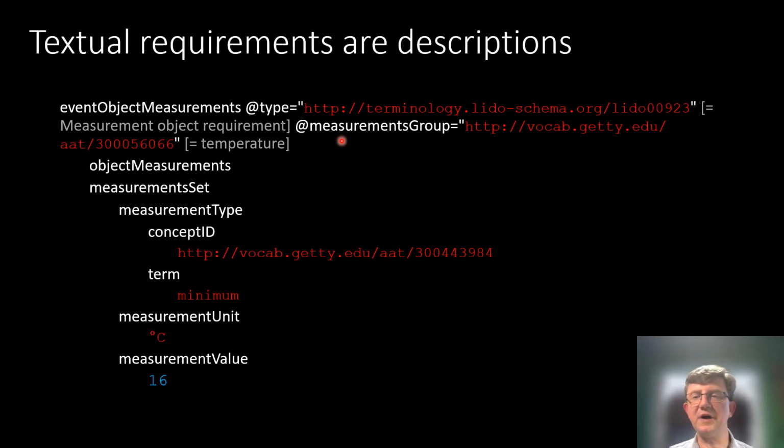And these are in the measurements group attribute. The precise type of measurement, in this case a minimum temperature, is specified in the measurement type block here, and the unit, which is usually predefined in EODEM, is in measurement unit, and the actual data, the value itself, is in measurement value.